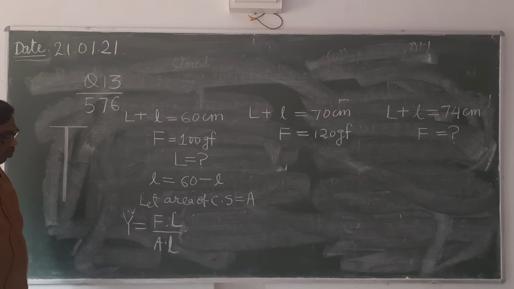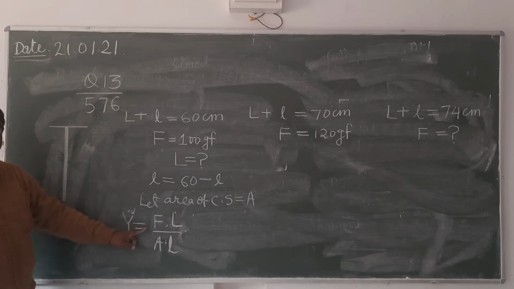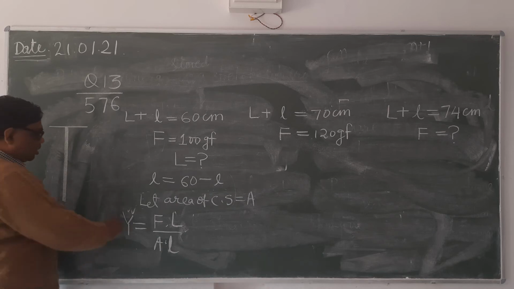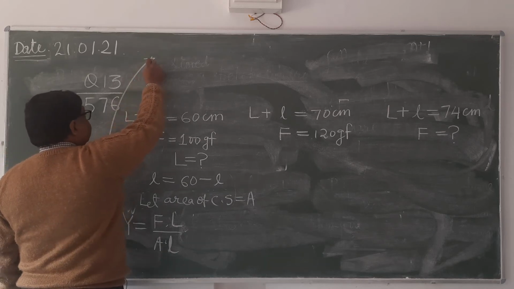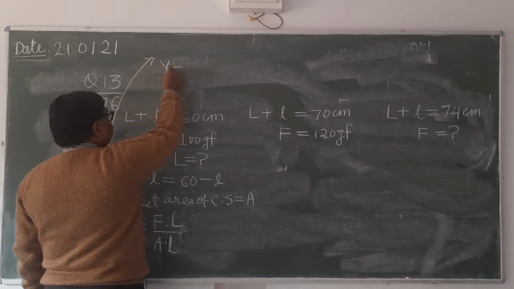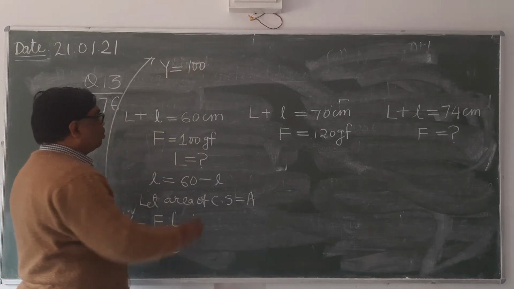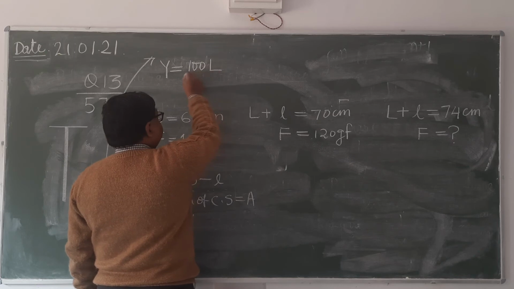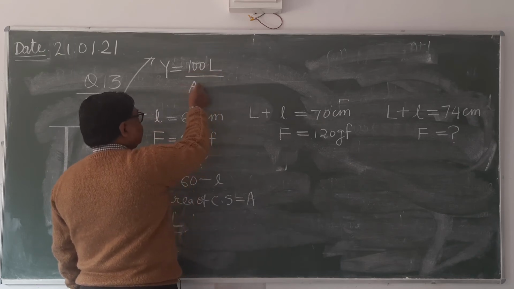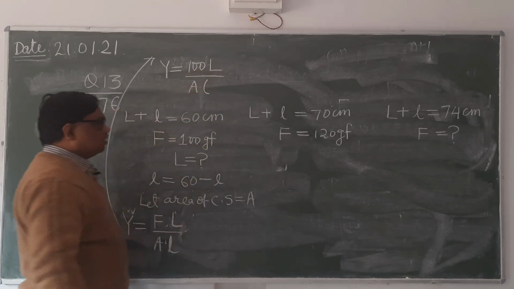You put the value. What is F here? I am writing here. Y equals to F is how much? 100. What is capital L? You have to find that, you write L. A is A. What is small l here?